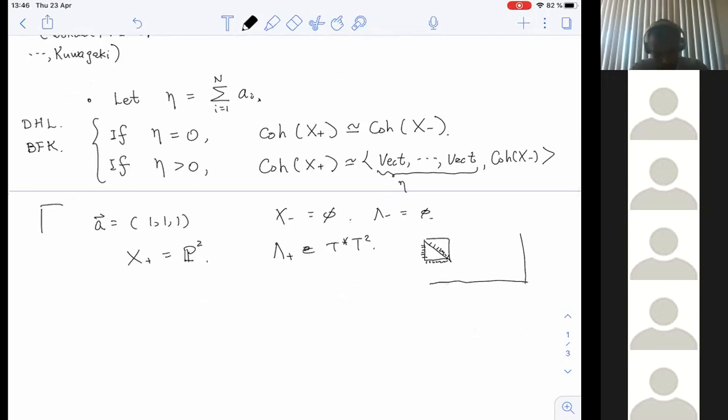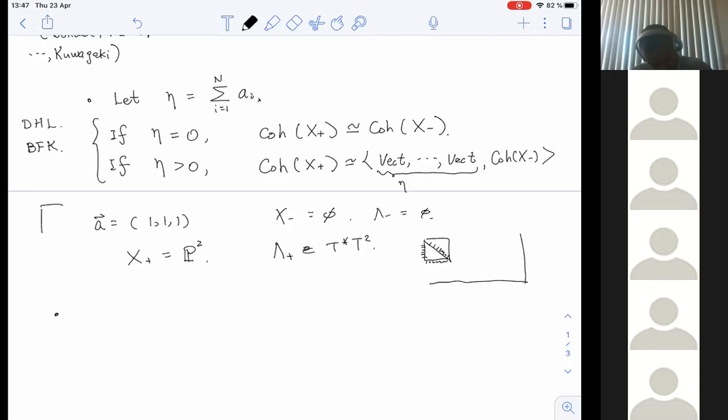However, on the A side, the story has been worked out by Gabe about 4 years ago. So here I'm proposing to give another description of the A side.